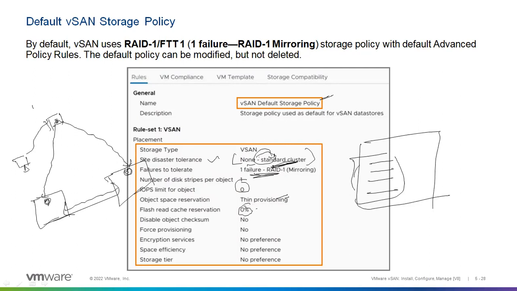Now, the second option from the policy tab itself, when we choose failure to tolerate type, is telling me how you protect your data locally. If you say locally I want to apply FTT1 RAID 1, it will create one more copy and one witness locally.